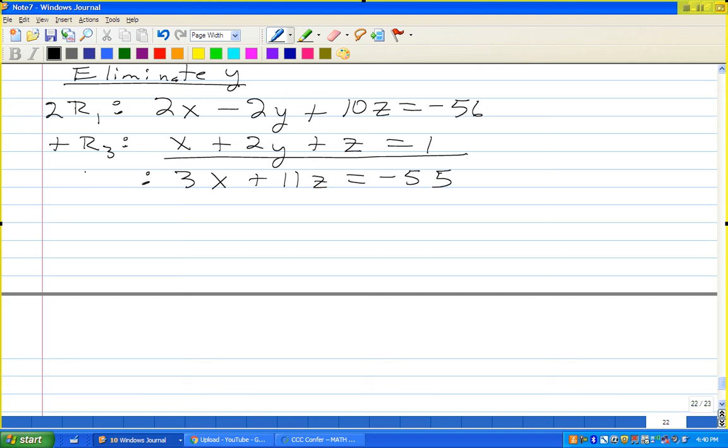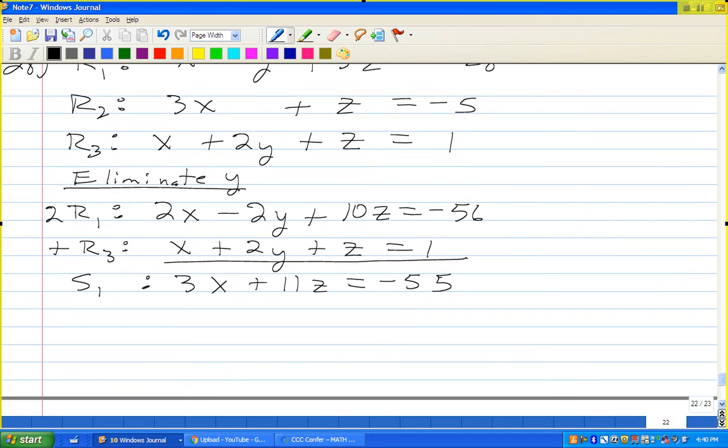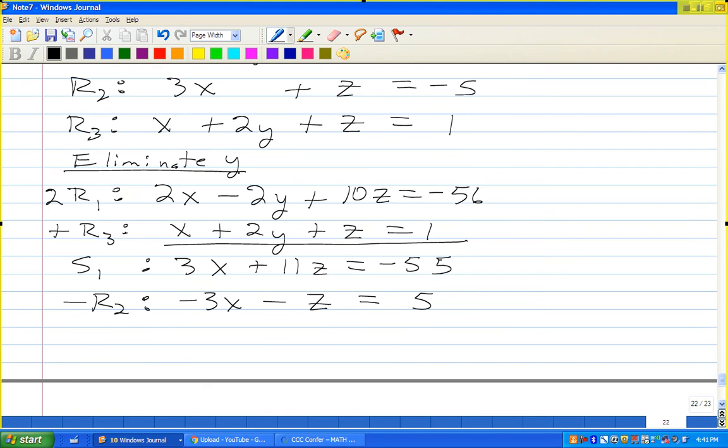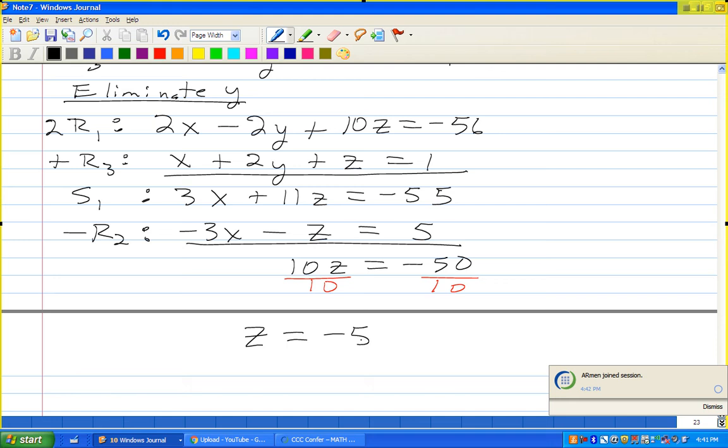Call that, I don't know, S1. I also have R2, so let's subtract R2 from it. Negative 3x minus z equals 5. Okay. 11z minus z is 10z. 5 minus 55 is negative 50. Divide both sides of the equation by 10. So z equals negative 5.